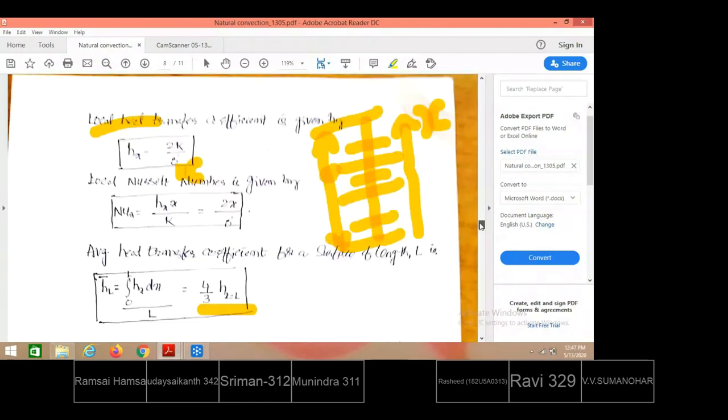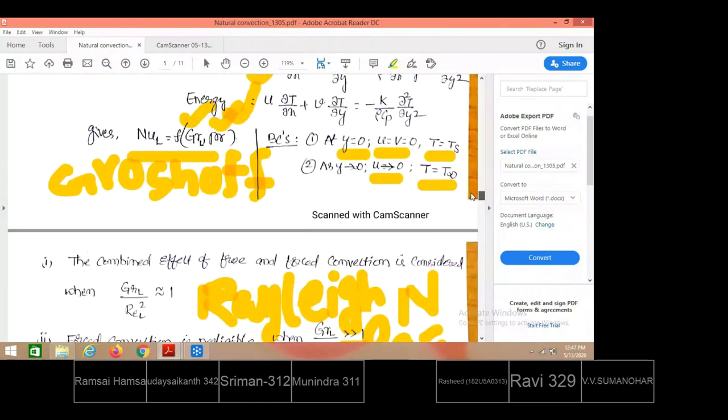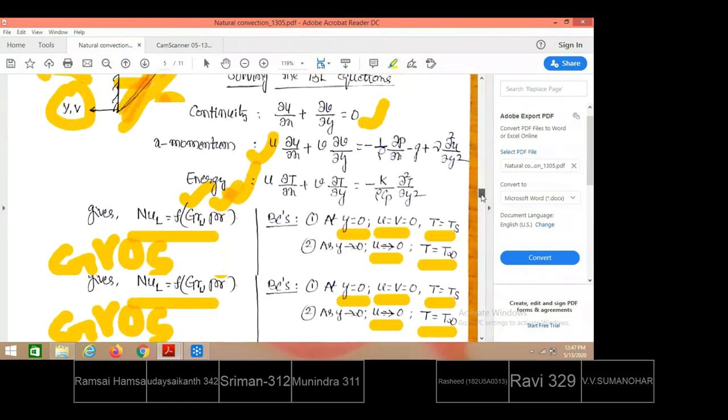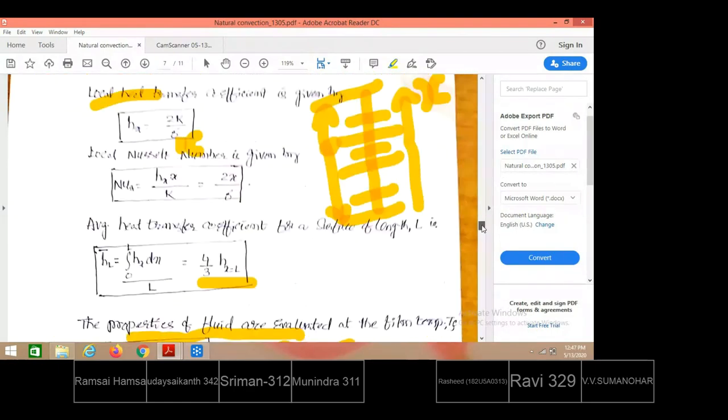In the case of natural convection, this height will be 15.2. In the case of forced convection, this height will be 5.8, very less. So that is the case of estimating the boundary layer thickness.